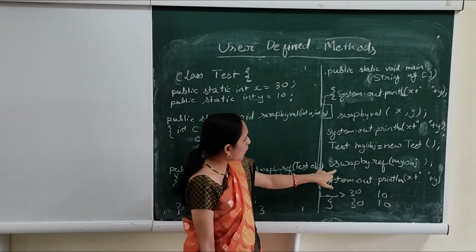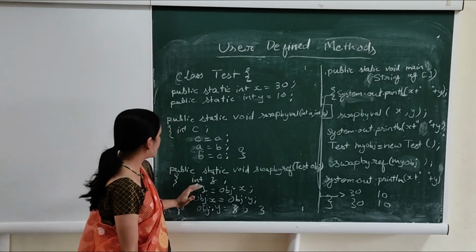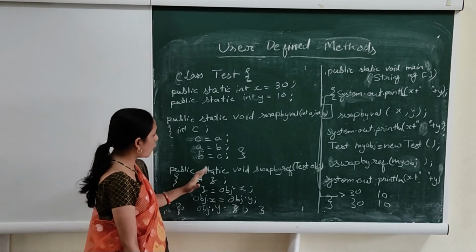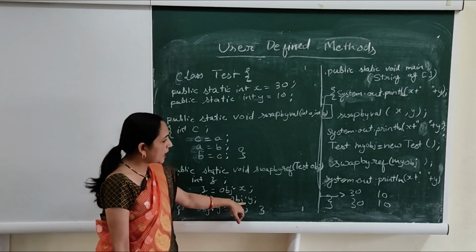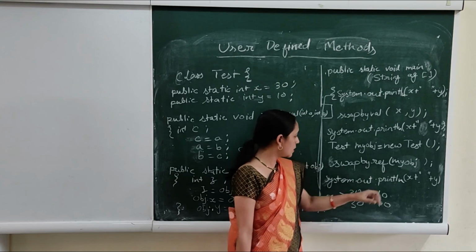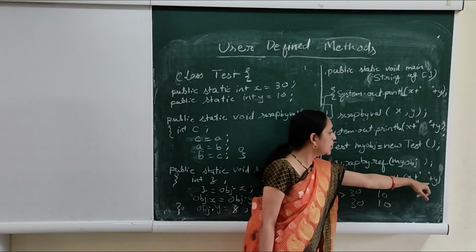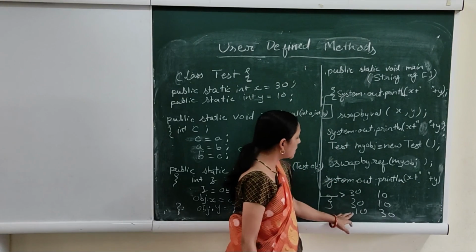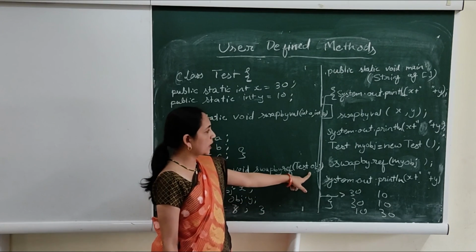At this point, the instruction pointer will transfer to this function. It will perform all the execution, and here changes are happening in x and y. So after the execution of this function, when this command executes, it will print 10, 30, because here we are pointing to the test object.